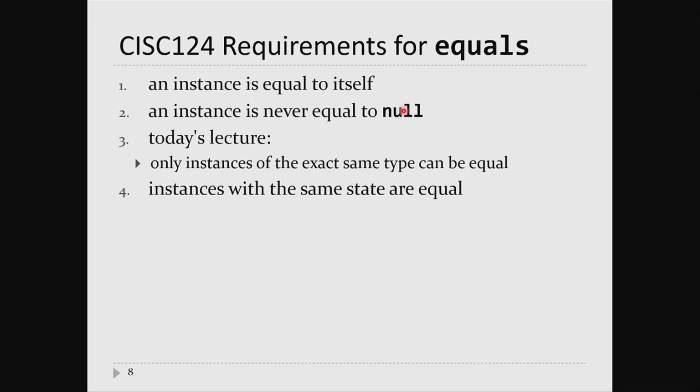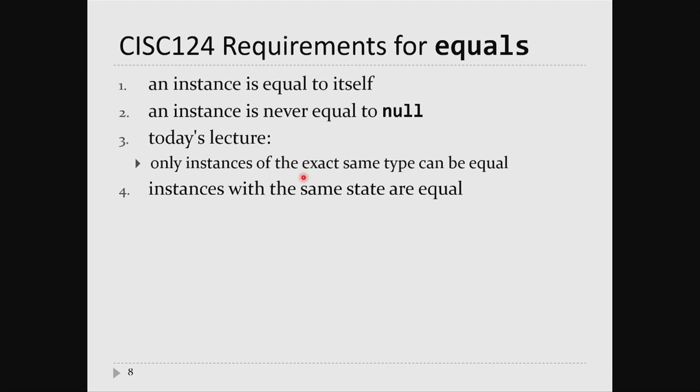So this is what we're doing today. On Wednesday, I'll show you a second way to do this. For today, we want these four things to be true when we implement equals. One: an instance is equal to itself, so x.equals(x) is true. Two: an instance is never equal to null, so x.equals(null) is always false.